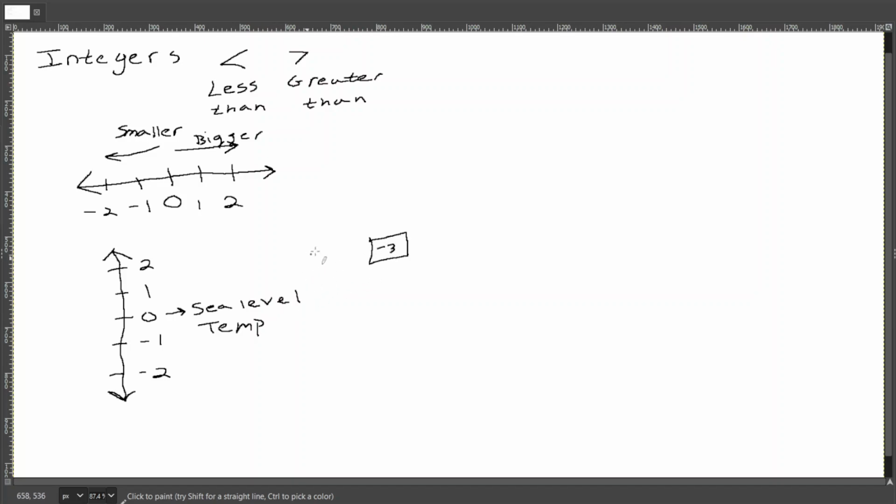It doesn't tell you below 0, it gives you the negative number. So in the old days, we had these mercury thermometers, and they would either go up or down depending on the temperature. And we would have these things below 0.